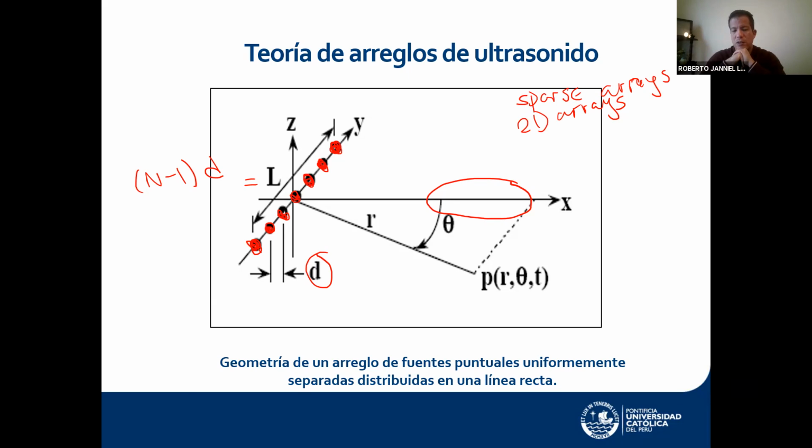Or said in a different way, it becomes something that depends on where you are located relative to this axis over here, given by the distance r. Because at any point that shares the same distance, it would have to be equivalent, right?